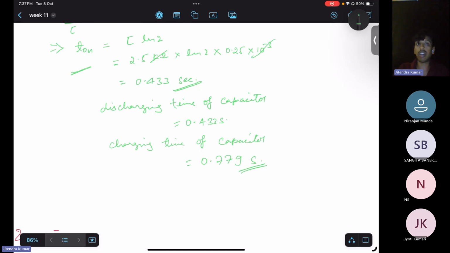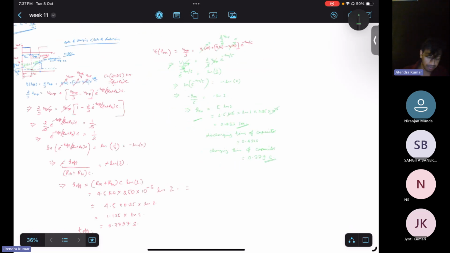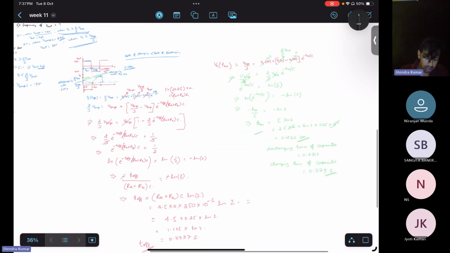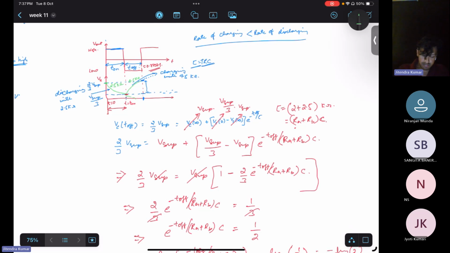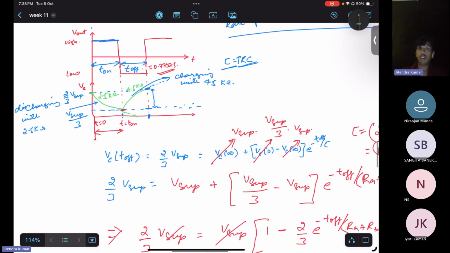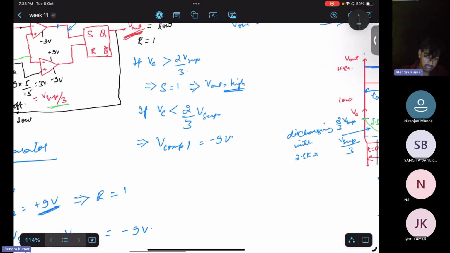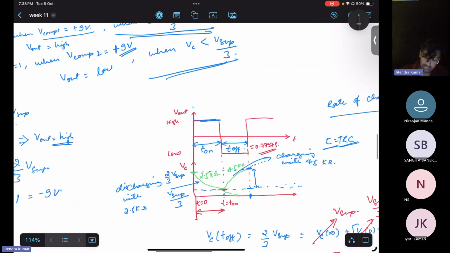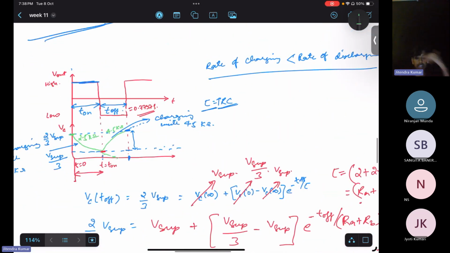Is there any doubt till this point? Okay. So we came a long way from the circuit operation till waveforms, and finally we are able to calculate on as well as off time.